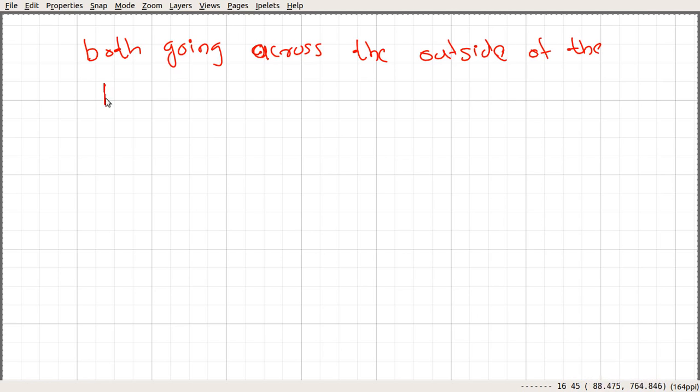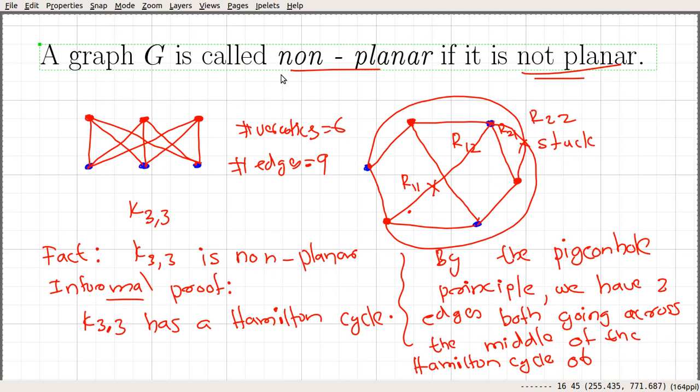In both cases we can see that there will be a crossing here, since we have only two regions and two edges that need to cross that particular region. By the pigeonhole principle, both of those edges will cross. One situation is something like this, and the other situation is something like this.